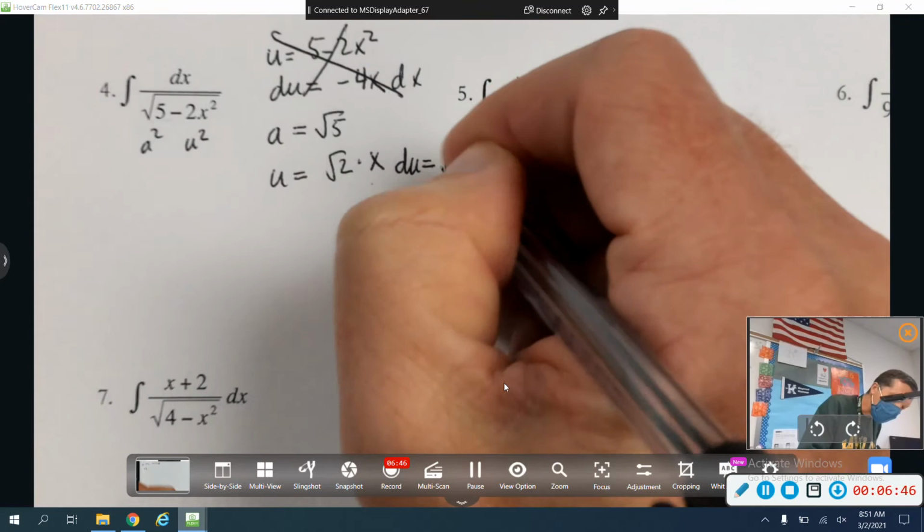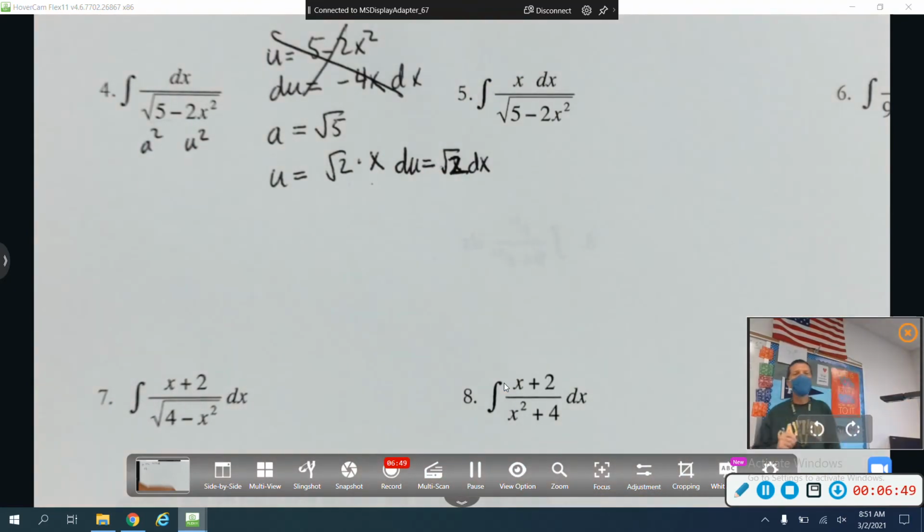Oops, I said square root of 2 and then I wrote the wrong thing. Square root of 2 dx.